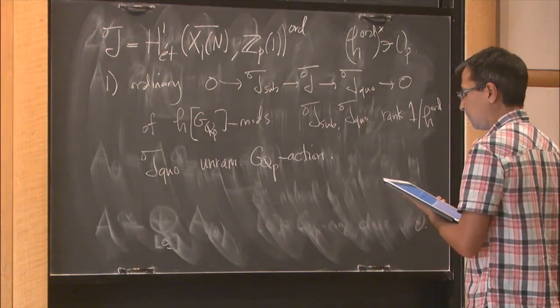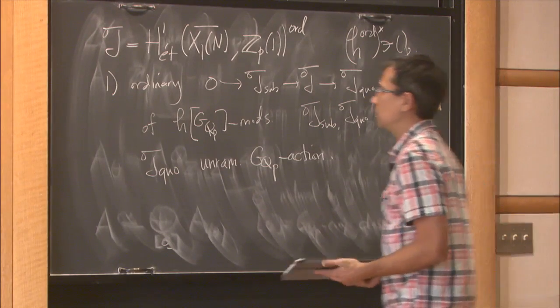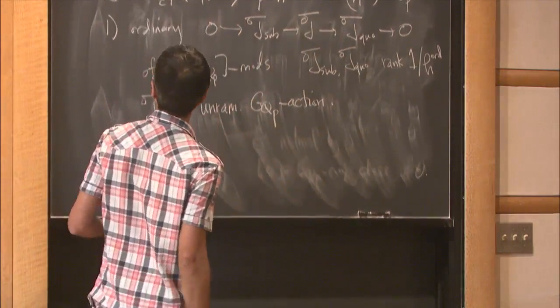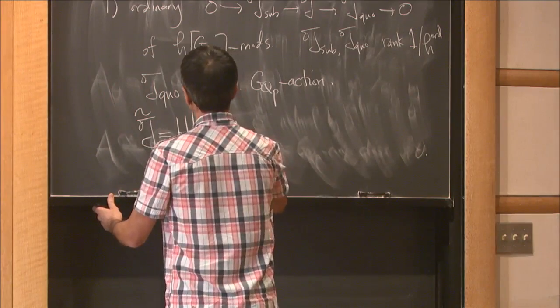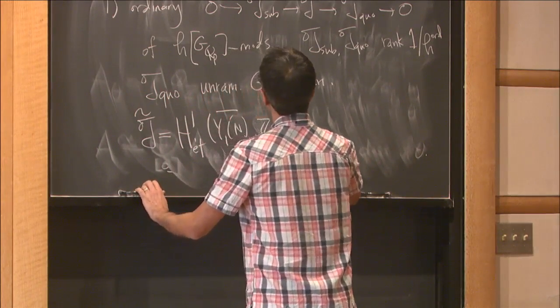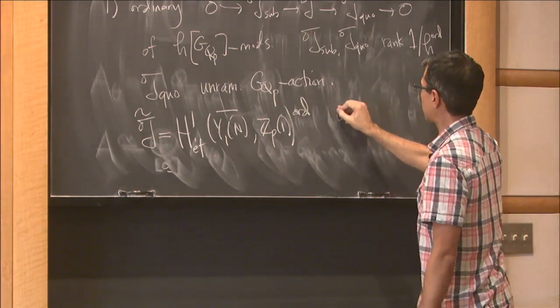OK. I should add it in here while we're dealing with T. We also have the version for the open curve. So we also have T tilde, which is H1 of Y1(n), right? And it also has an exact sequence.